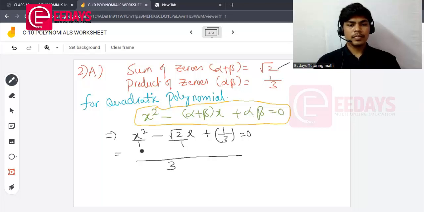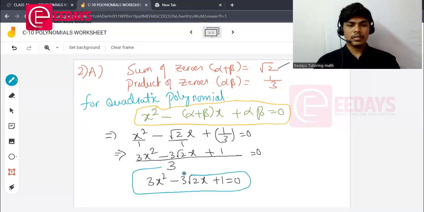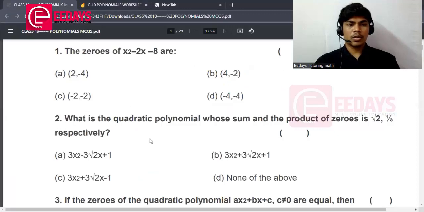So 3 into x square, 3x square, 3 into root 2, 3 root 2x, plus 1 is equal to 0. If you transfer 3 to the other side, it becomes 3 into 0, which is 0. Finally, we got 3x square minus 3 root 2x plus 1 is equal to 0. That is the required polynomial equation.